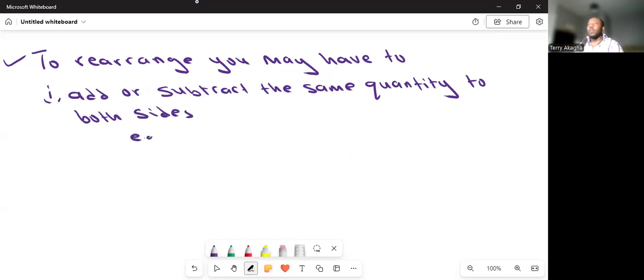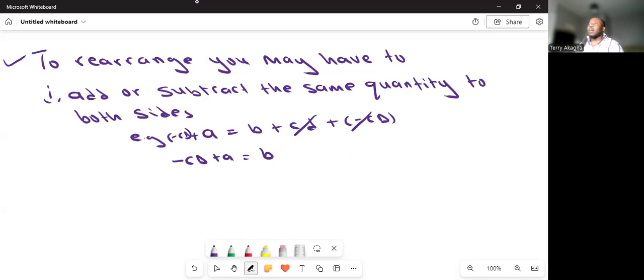So for example, if you had A is equal to B plus CD, like in this case, we might decide to add minus CD to both sides. So we're adding minus CD to both sides, and it's going to give us minus CD plus A is equal to this, which cancels this, equal to B. Or you can also subtract. So if you had A is equal to B plus CD, I can decide to subtract CD from both sides. Are you seeing it?